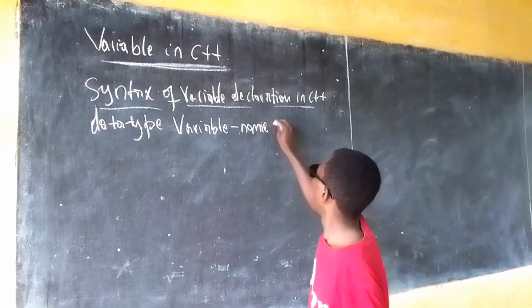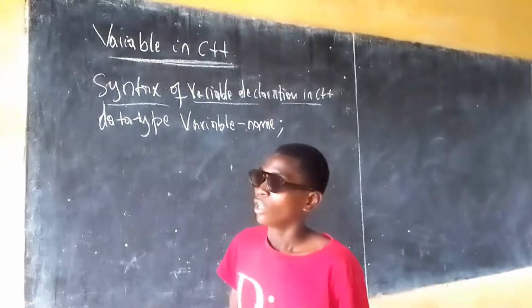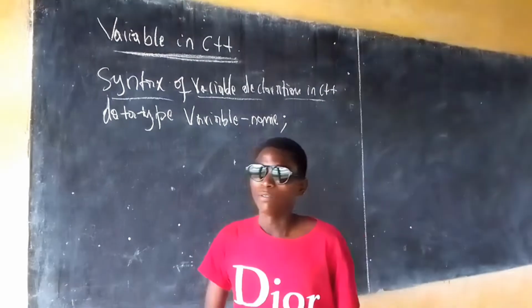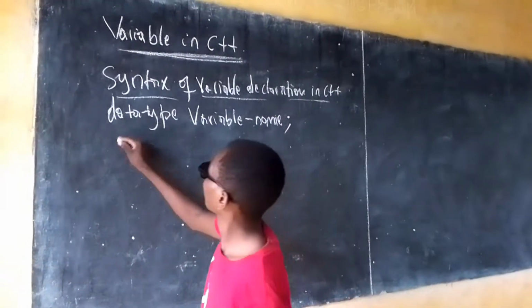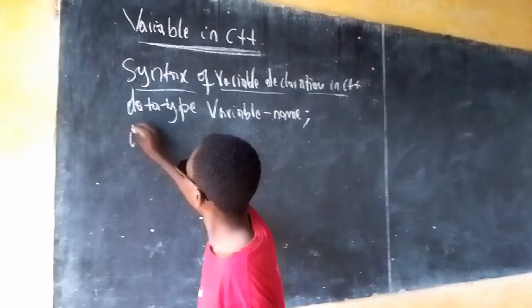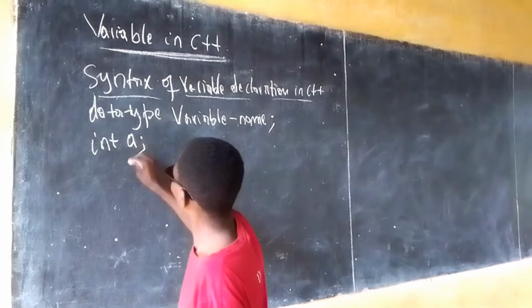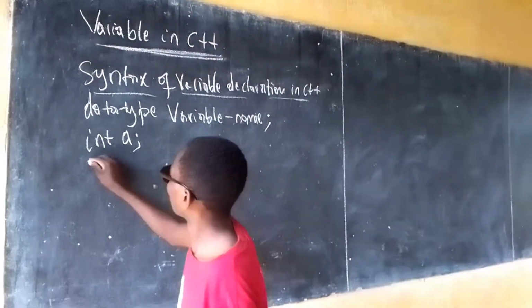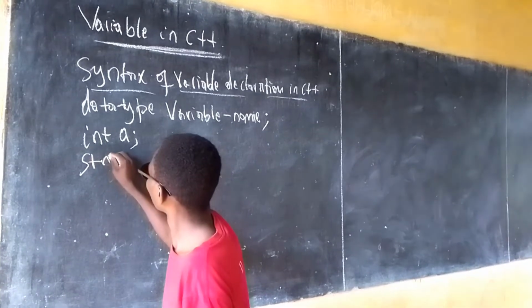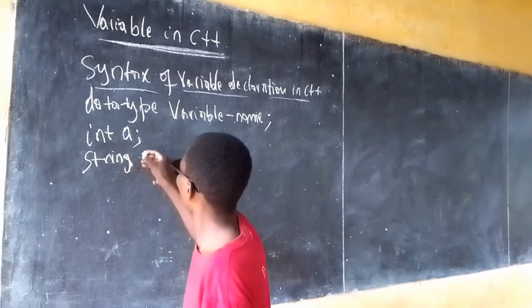And then semicolon. So for example, let's declare variable a with integer data type. We can declare variable a as int a, or we can declare the variable b as string name.